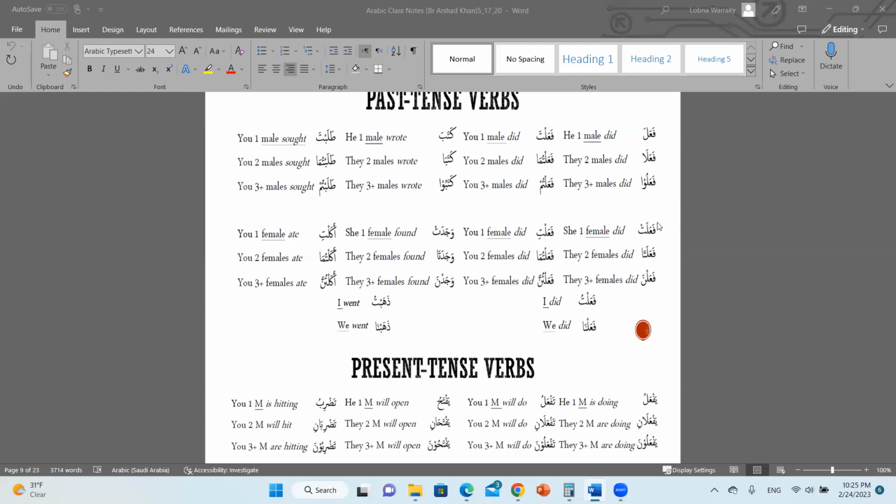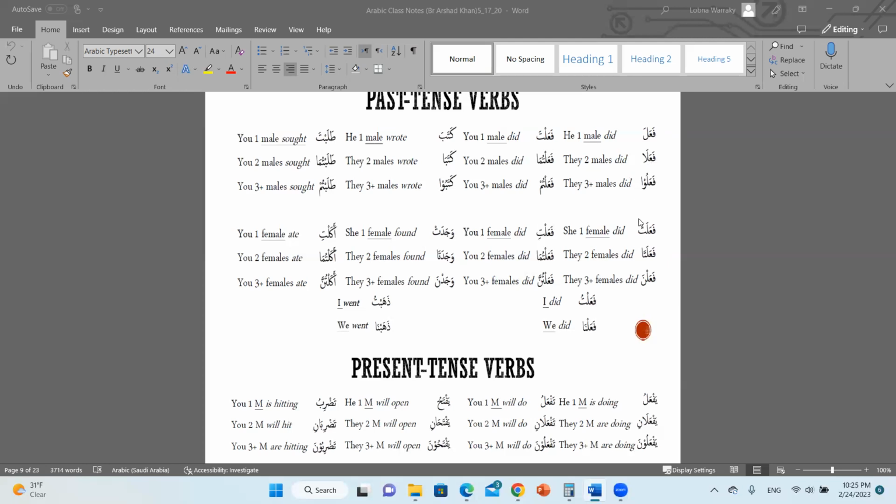So fa'ala becomes fa'alat, the ta with sukoon, for one female doing. Fa'alata for two females doing. Fa'alna is going to be three or more. Anything in the Arabic language is one, two, and many. Jam'a, after two would be many.